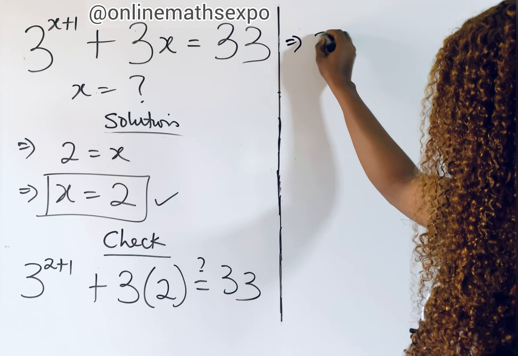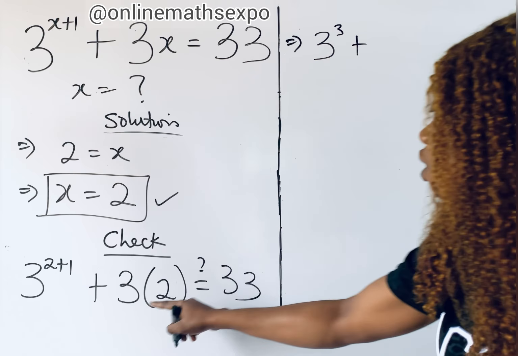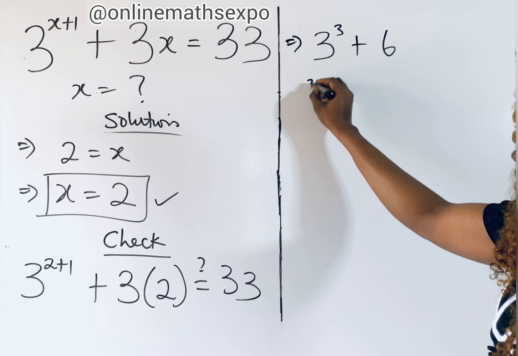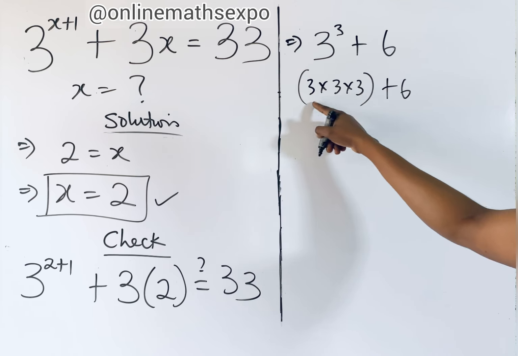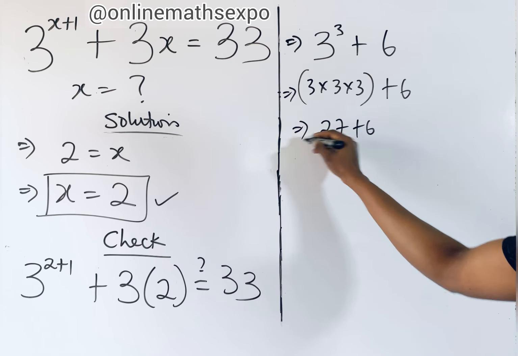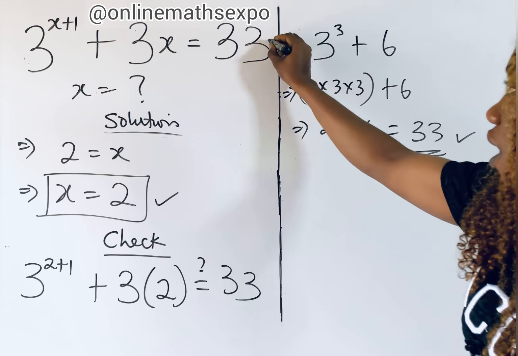This gives us 3 to the power of 3, plus 3 times 2 which gives us 6. And 3 to the power of 3 is 3 multiplied 3 times, which gives us 27, then plus 6. 27 add 6 gives us 33, and that is what we have at the right side.